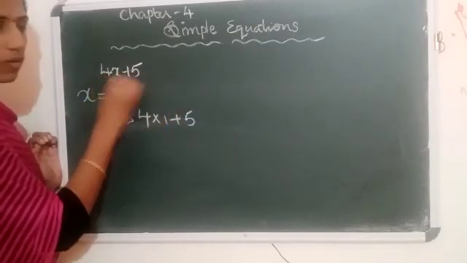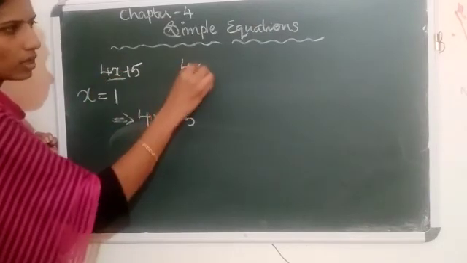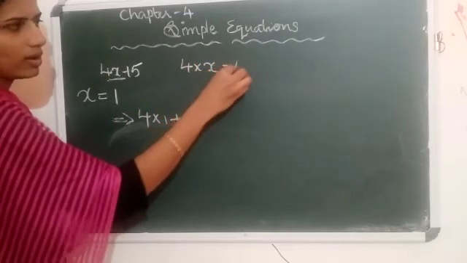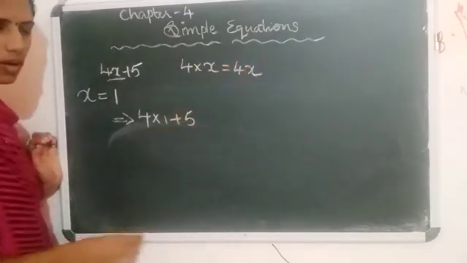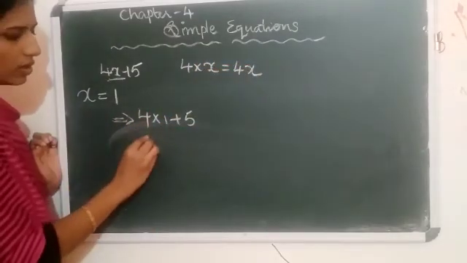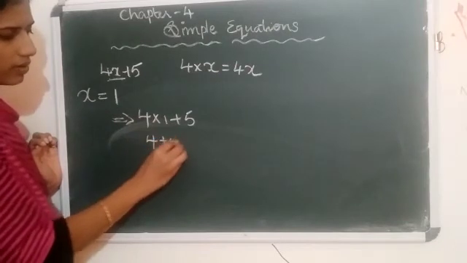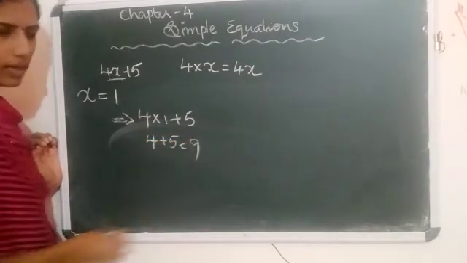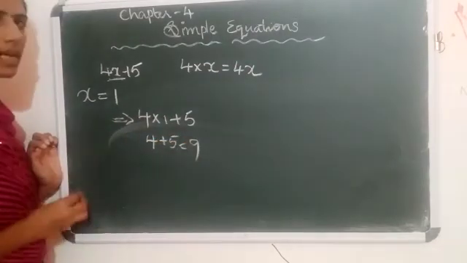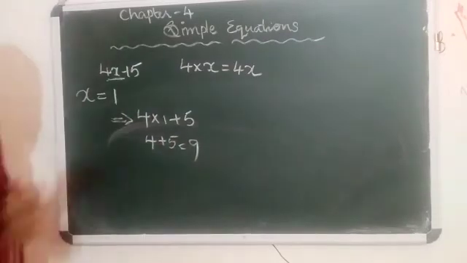What is the meaning of 4x? 4 into x is called 4x. So 4 into 1 is 4, plus 5 equal to 9. This is an example of an expression.